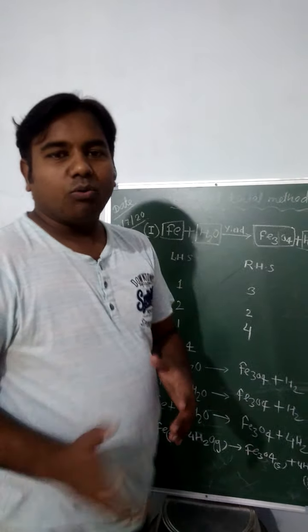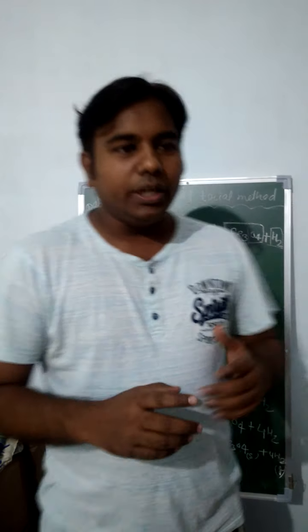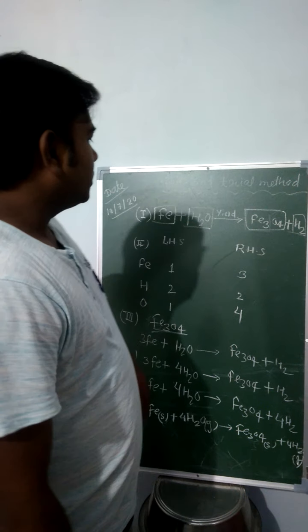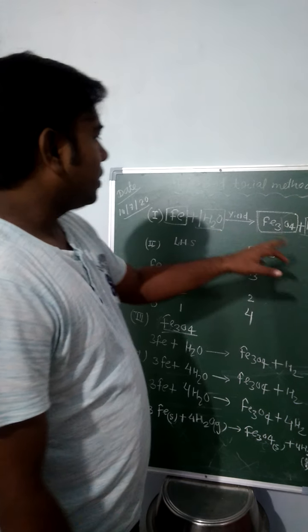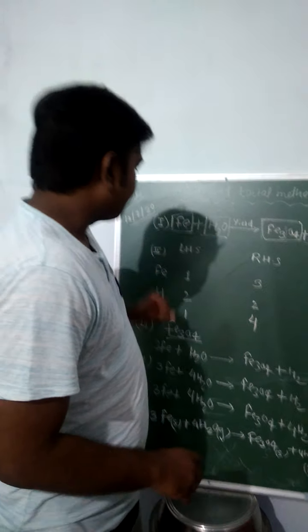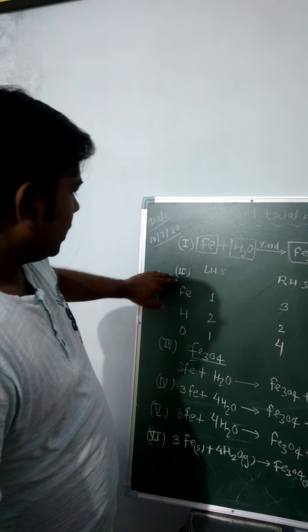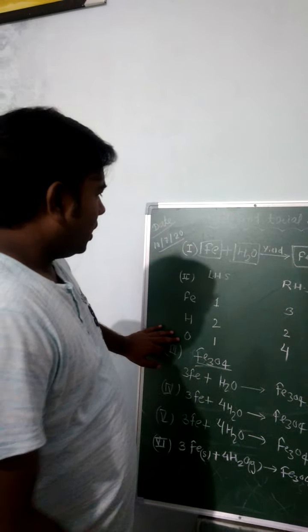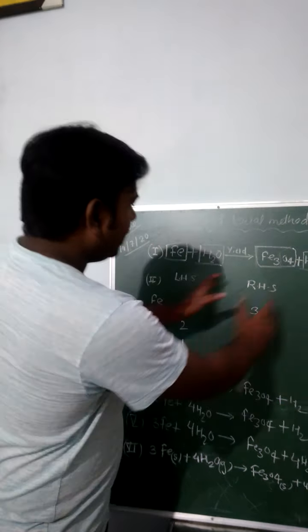Now the second rule. What is the second rule? According to the second rule, list the atoms of the elements present in an unbalanced chemical equation. So how to make the list? Let us see. First we have to write the names of the elements: iron, hydrogen and oxygen, and we have to write left hand side and right hand side.